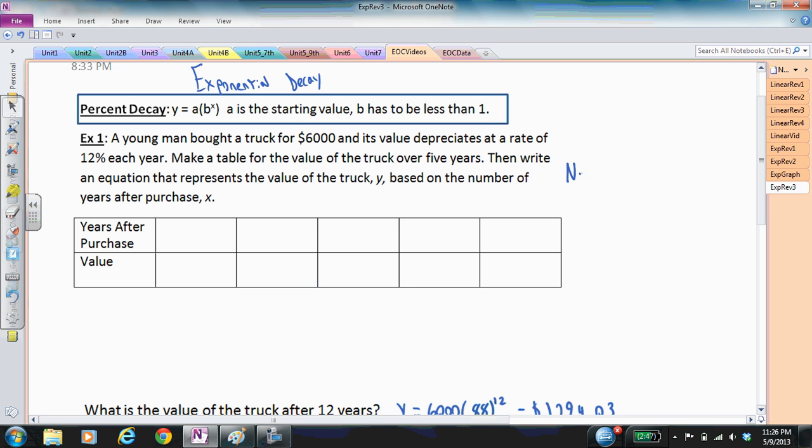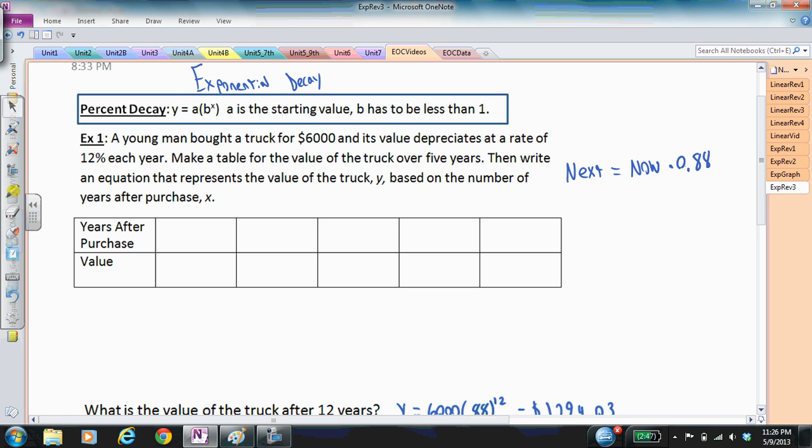So I know that the next value in the table is going to be equal to the now value times, and this is where it gets a bit tricky, is it times 0.12? No, because that represents how much it loses. So if it loses 12%, it maintains 88% of its value.